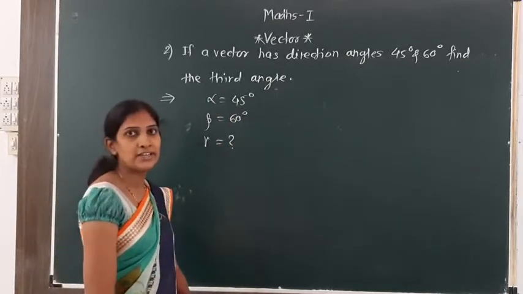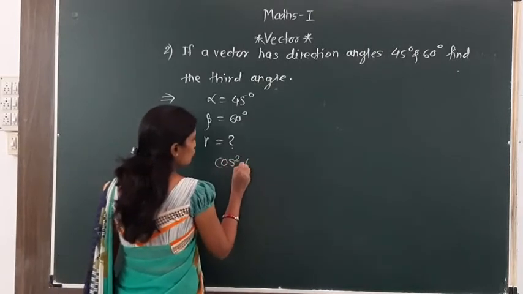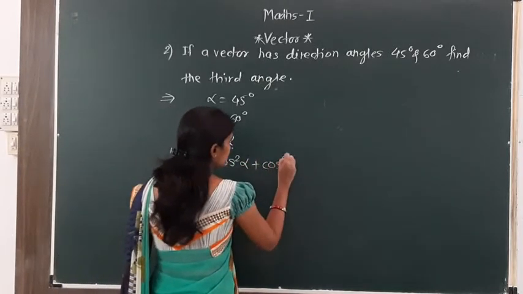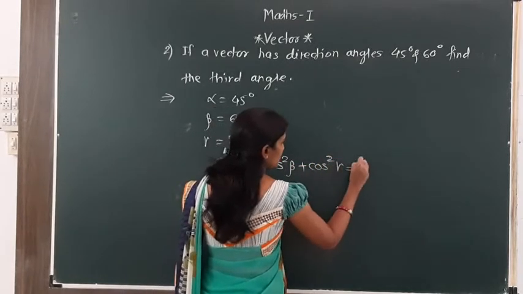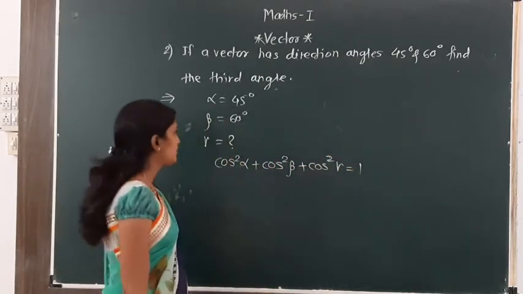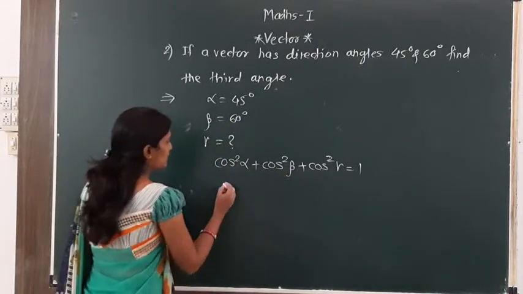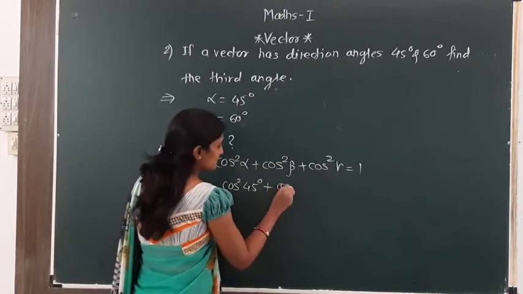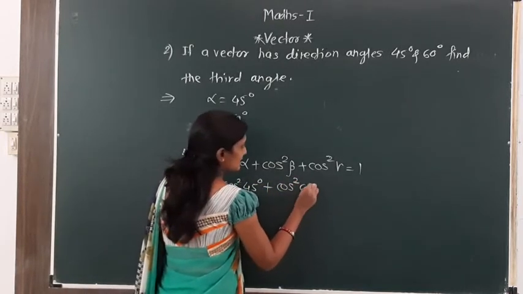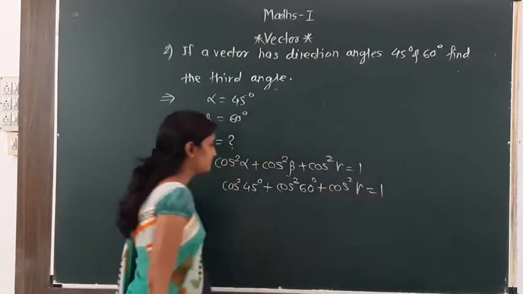Now we know the relation: cos square alpha plus cos square beta plus cos square gamma is equal to 1. So we put the values of alpha and beta in this formula. So cos square 45 degree plus cos square 60 degree plus cos square gamma is equal to 1.